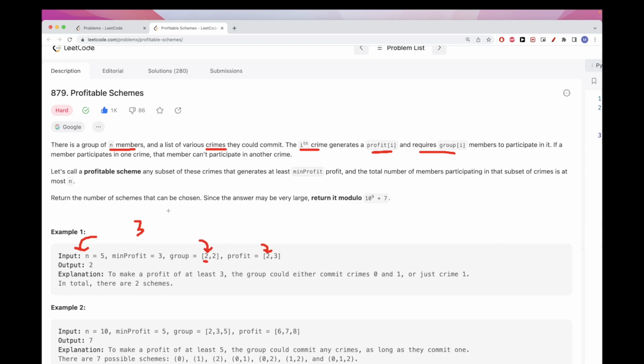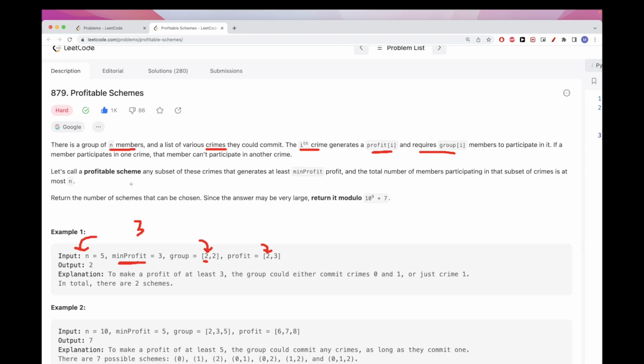If they could, then you could keep 5 and keep reusing them, but they can't, so you'd have to subtract it. And we have this concept of a profitable scheme, which is any subset of the crimes that can generate at least the minimum profit that we have here. The profit of a set of crimes is just the sum of their profit.